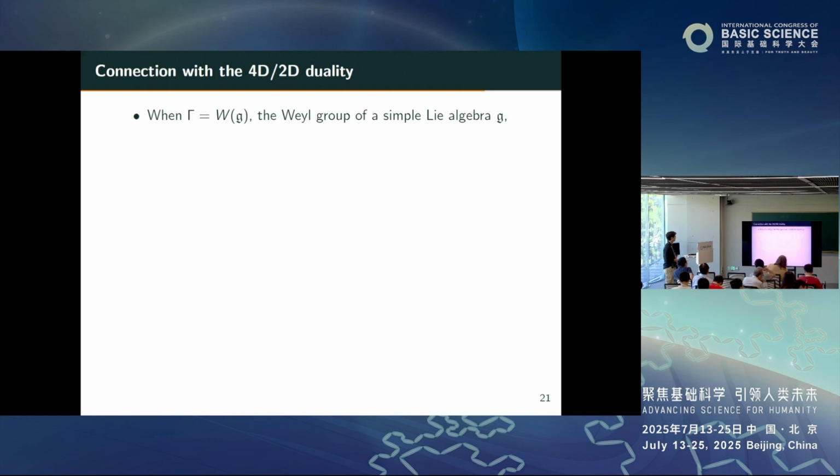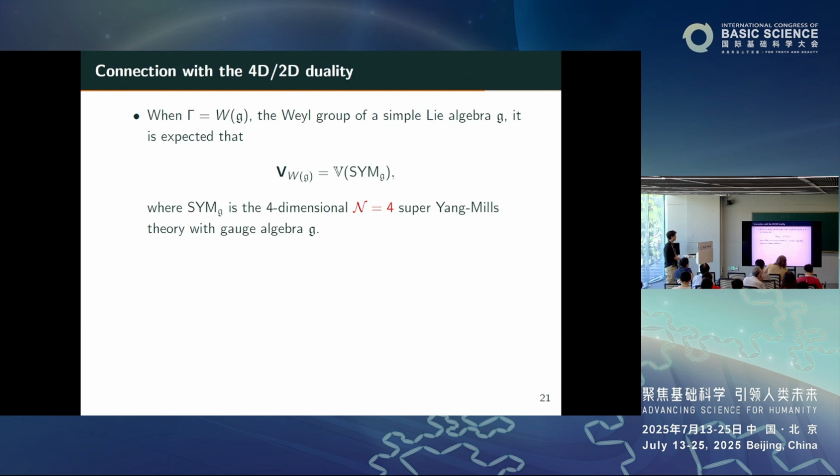So when the complex reflection group is a Weyl group of a simple Lie algebra, this vertex algebra is supposed to be the vertex algebra coming from four-dimensional N=4 super-Yang-Mills theory with that gauge algebra. The point is that it was enough for the 4D theory to have N=2 supersymmetry to define this map.